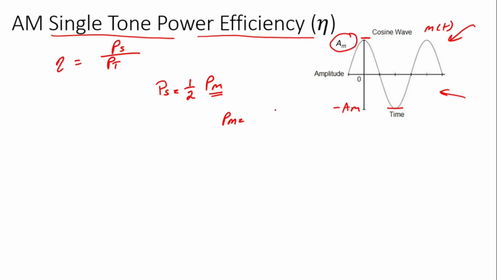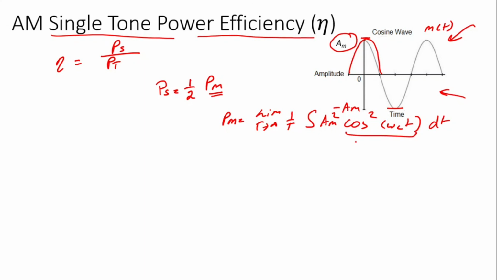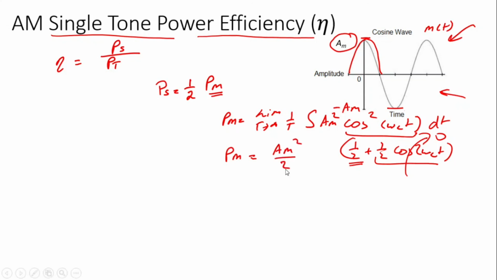So we have limit t tends to infinity 1 by t, then Am square, and then cos square omega ct dt. From here we have again 1 by 2 plus 1 by 2 cos 2 omega ct. So this 1 by 2 would be extracted out, while this would yield a result which is 0. Hence we have power of a message which is simply Am square by 2.